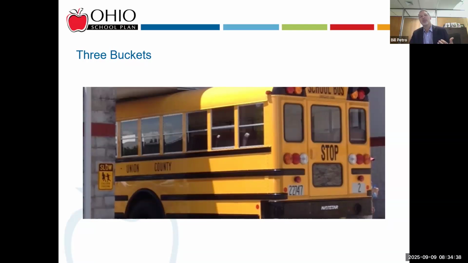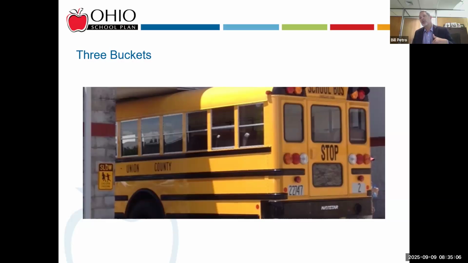So that falls into bucket two, the casualty bucket, damages that the school may cause to other people. And then we also have students on the bus who are injured. Again, that's bucket two, where your bus driver may have caused injuries or damages to someone else, in this case, the students.